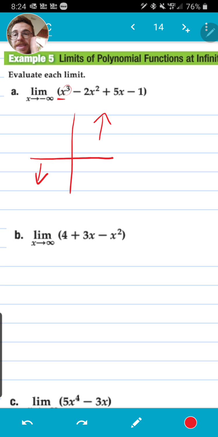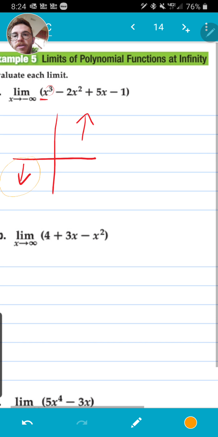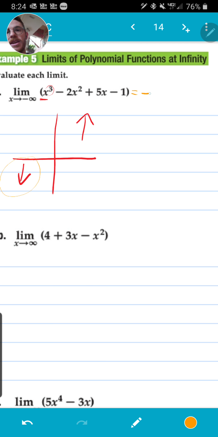We care about what's happening at the ends of the graph because this is asking for end behavior. And x approaches negative infinity is the left side. So as we look over here at the left side, we can see it is pointing down. So the limit as x approaches negative infinity for this polynomial is negative infinity.